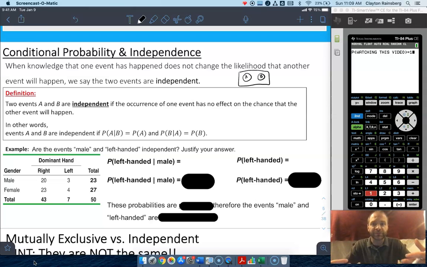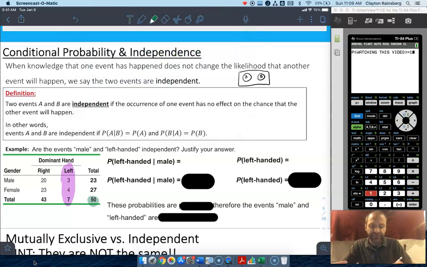And what we'll do first, and I'm going to do the right-hand side, let's just find the probability of being left-handed. So the probability of being left-handed, if I do the same thing with highlighting, well, here are the left-handed people. There are 7 out of a total of 50.